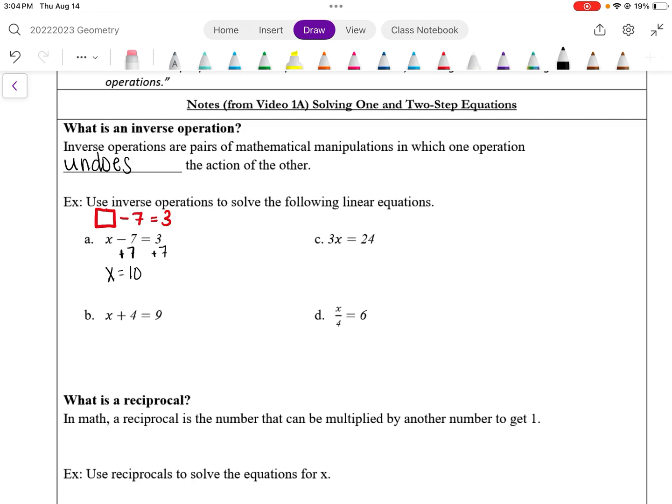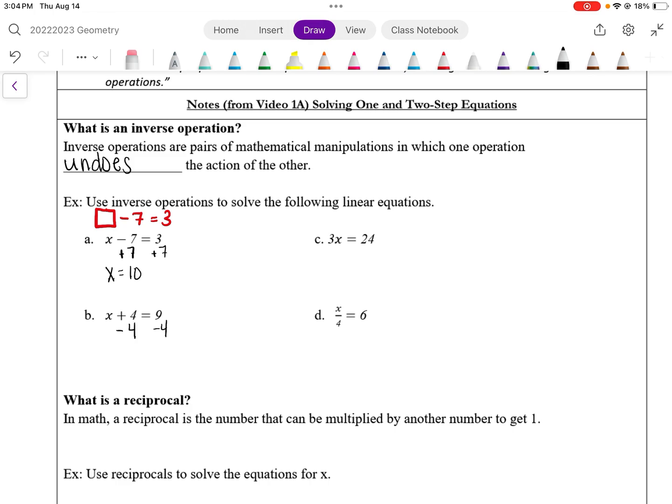Okay, example B right below it. Now we have x plus 4 equals 9. And again, if you're just starting out, it kind of means blank plus 4 equals 9. We want to know what x has to be. So we have a plus 4, so the inverse of plus is a minus. Or the opposite of addition is subtraction.